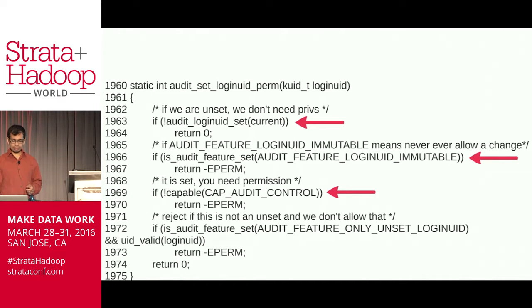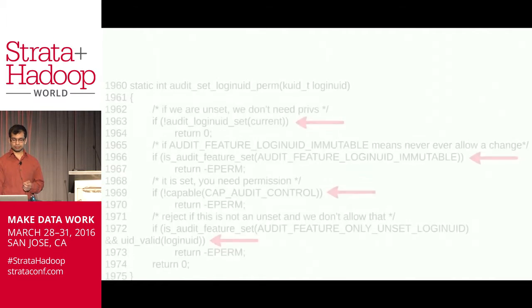And then the next thing that doesn't work is a feature to figure out whether we can only set an unset login UID. So that also fails. So what we found out is unless the login UID is unset, we wouldn't be able to set it, and so we have to go to the root of the problem and make sure that when containers are started, their login UIDs are unset.